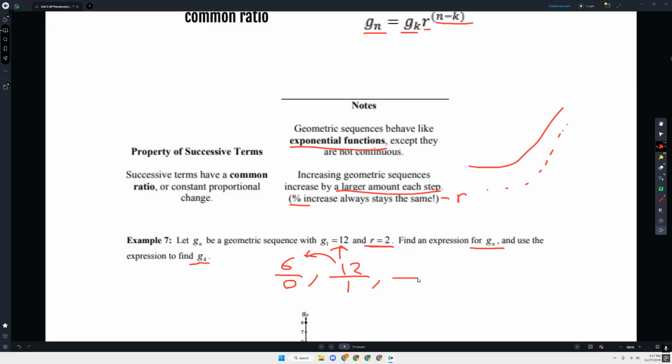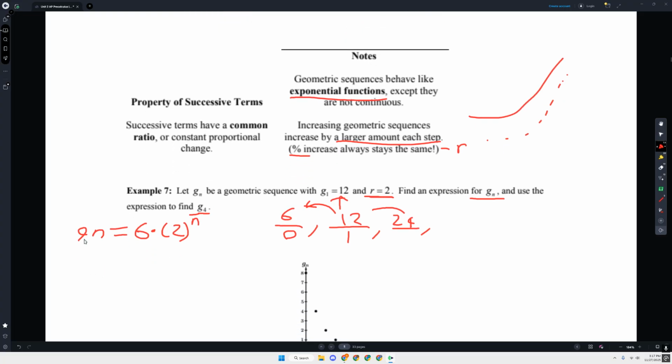So you could just keep going, like 24 and so on. Or we can use our equation. Our first term is 6, our ratio is 2, so 6 times 2 to the n is equal to g of n. And then we plug in 4. So this would be 6 times 2 to the 4, which is 6 times 16, which would be 96.